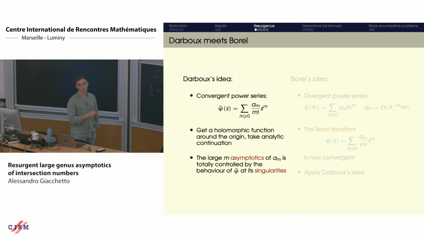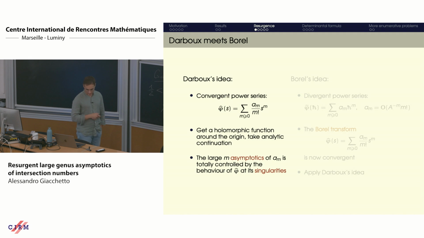So imagine you start with a convergent series, this phi hat. And imagine you want to understand the large n asymptotics of the coefficients of this series. Since this series is convergent, you get a holomorphic function at the origin, which you can analytically continue.